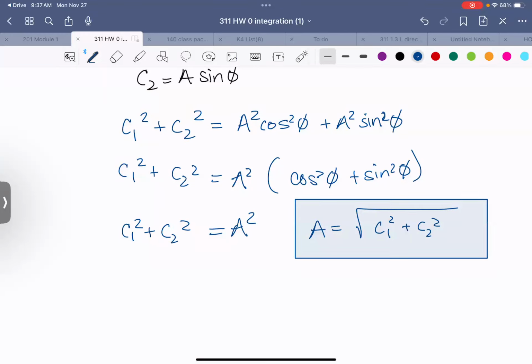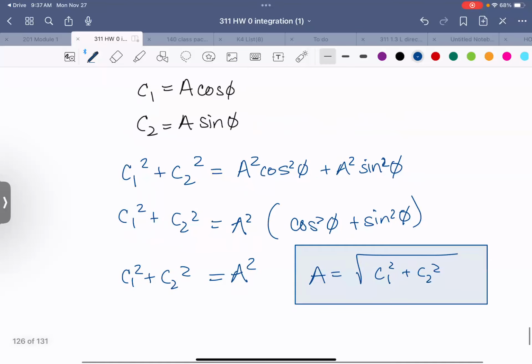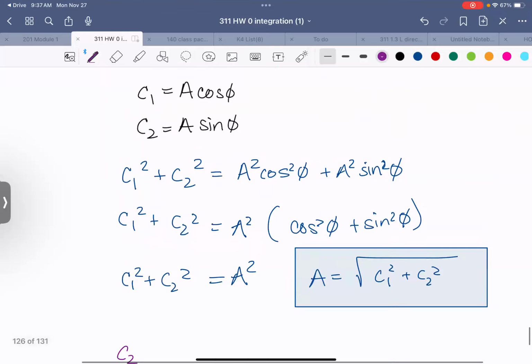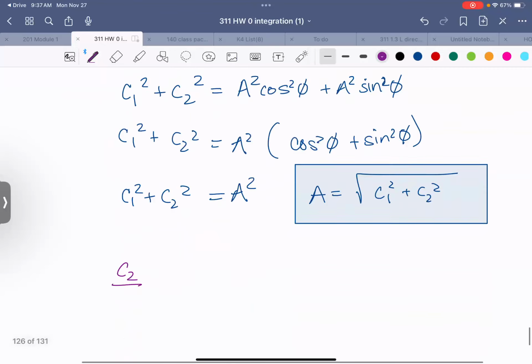To find our phase shift, the phi, you've got to get rid of that A. Since they both have an A, I'm going to divide one over the other, and then the A's will cancel out. So I'm going to go C2 over C1.